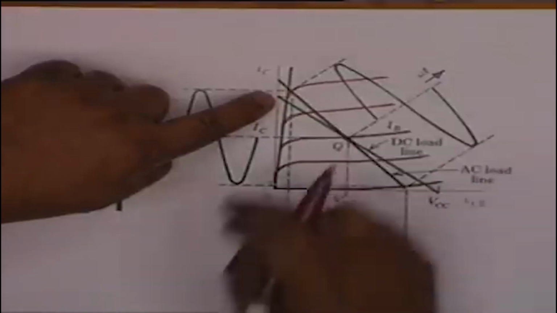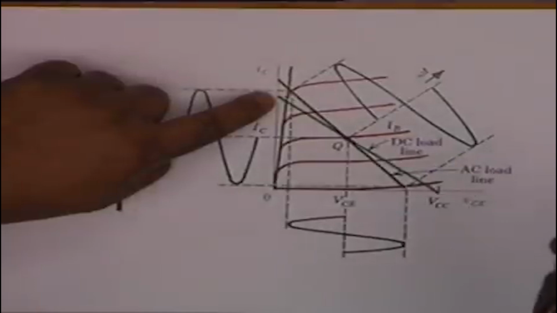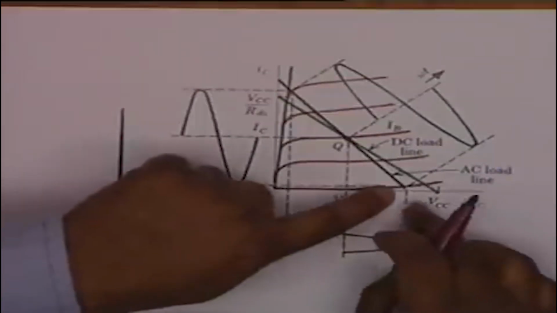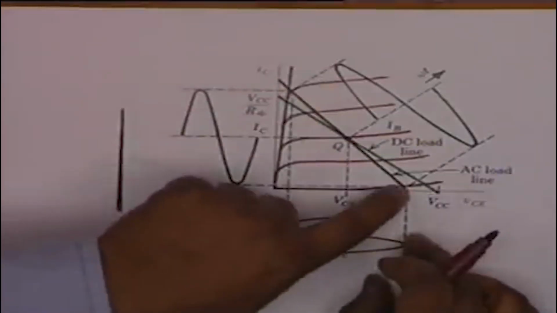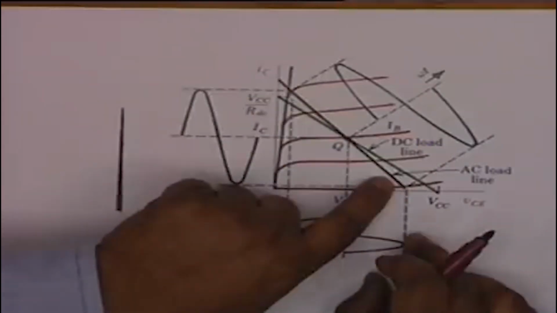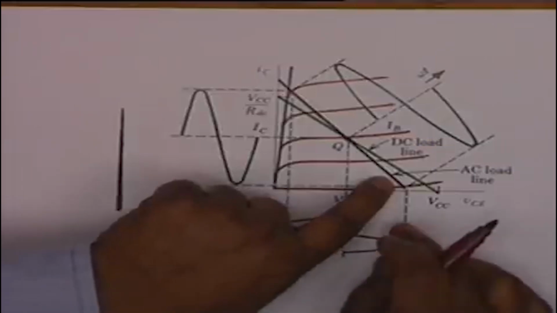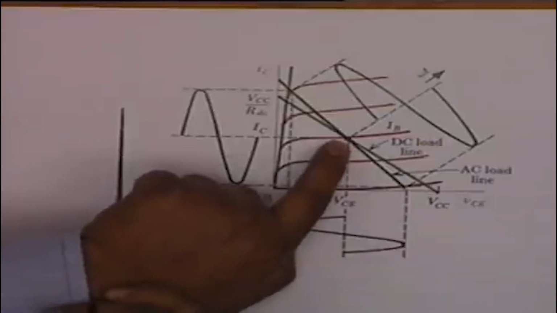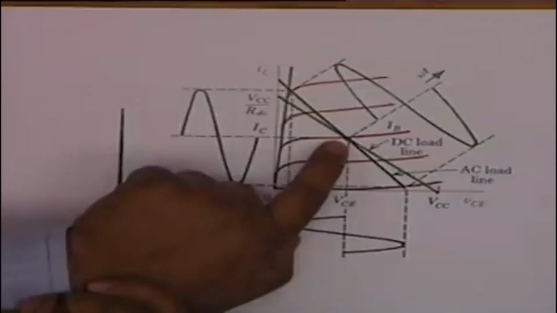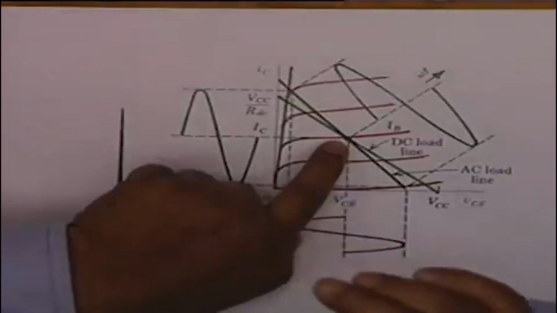The slope of this line is minus 1 over the load resistance, and therefore the AC load line is tilted in the clockwise direction. Therefore this orange line is the AC load line, and we have shown that the AC load line also hinges at the same operating point, Q point. Why is it so? The AC load line must also satisfy.